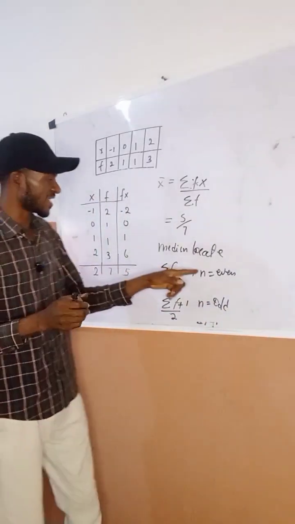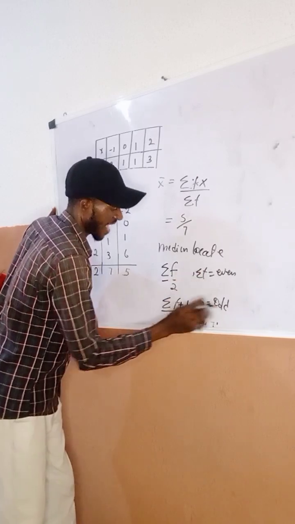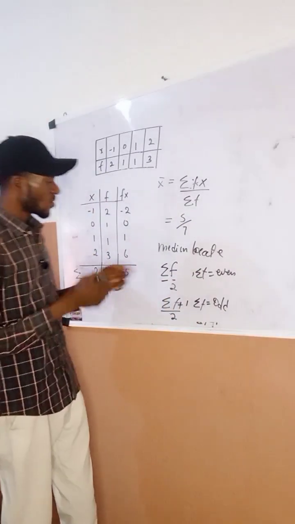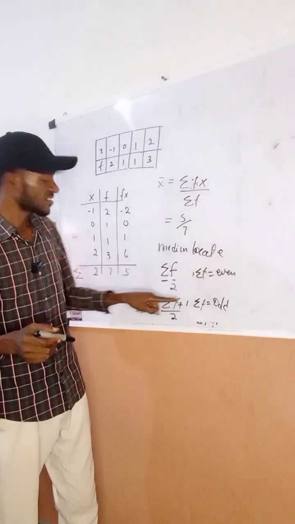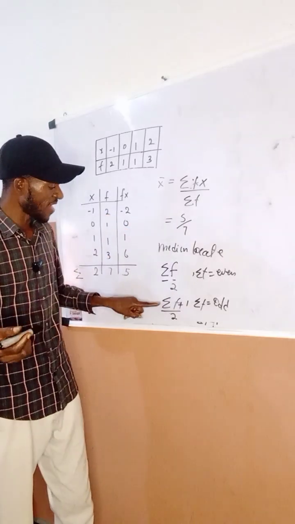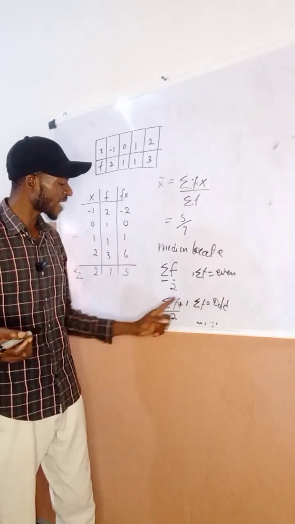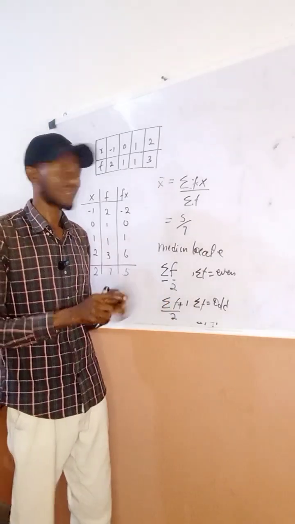What we mean by n here is the summation of f. That is to say, when your summation of f is an even number, divide it by 2 and use it to locate the median. But when your summation of f is odd, add 1 to it, divide it by 2 and use it to locate the median.